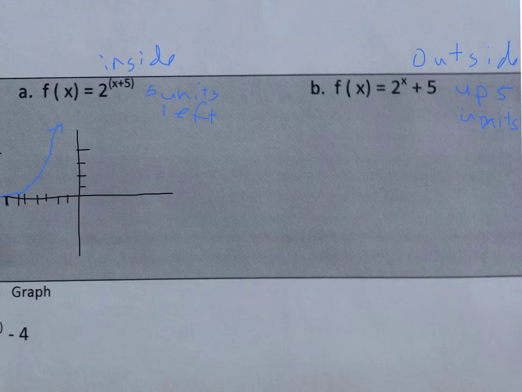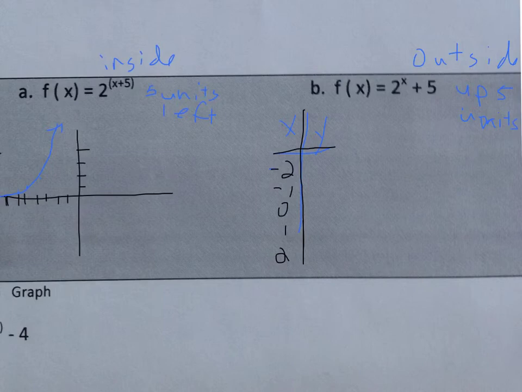So we can still use our -2, -1, 0, 1, and 2, because we didn't move left or right. And so if we're going to stay in the middle, we're just going to move up 5.